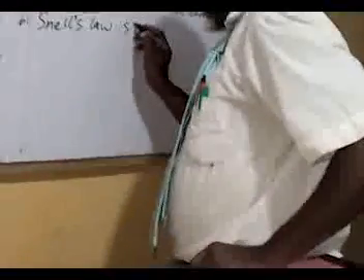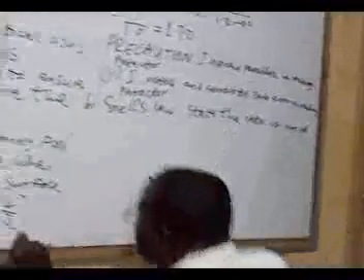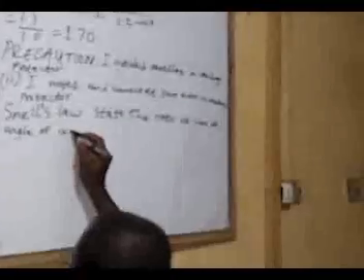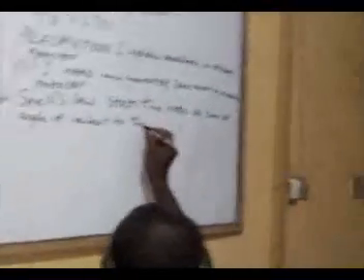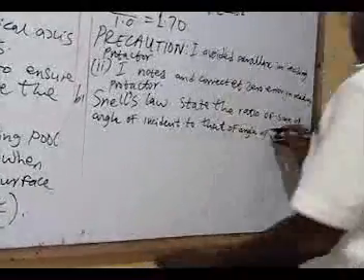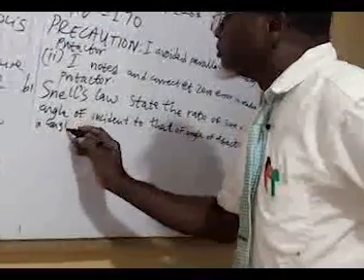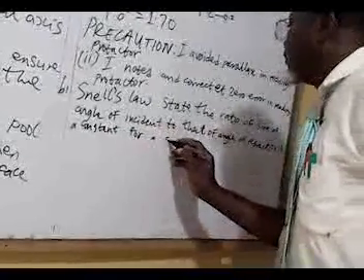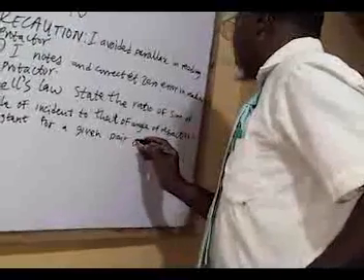Snell's law states that the ratio of sine of angle of incident to that of angle of refraction is a constant for a given pair of media.